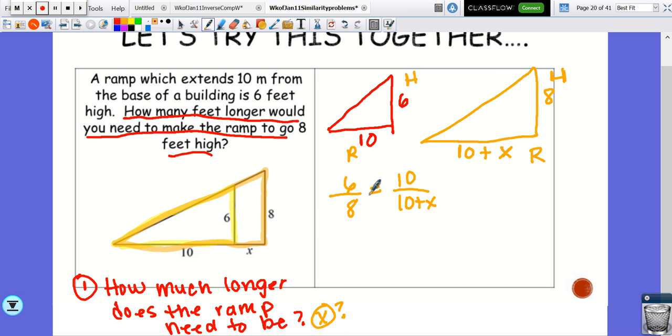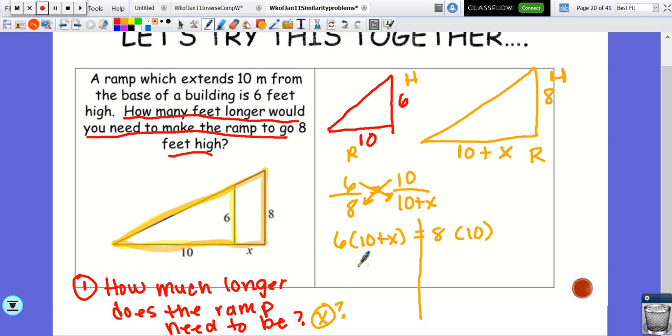Now I'm going to do my math. 6 times (10 plus x) equals 8 times 10. That's called cross multiplication, or the butterfly method that they taught you in middle school. Some of your teachers might have called it that. So this is called solving a proportion, so I cross multiplied.